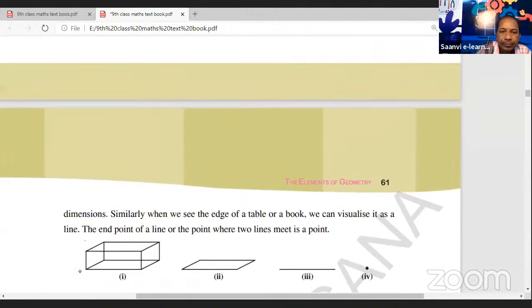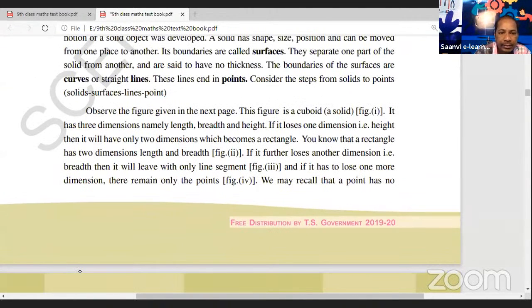See here, it is given. Observe the figure given in the next page. This figure is a cuboid. It has 3 dimensions, namely length, breadth, and height.